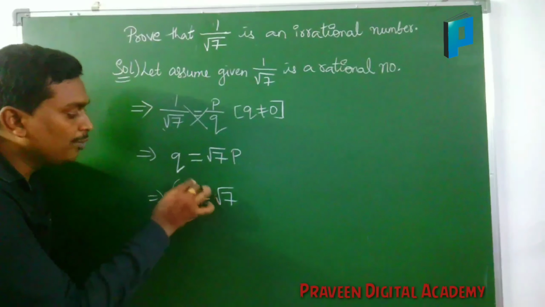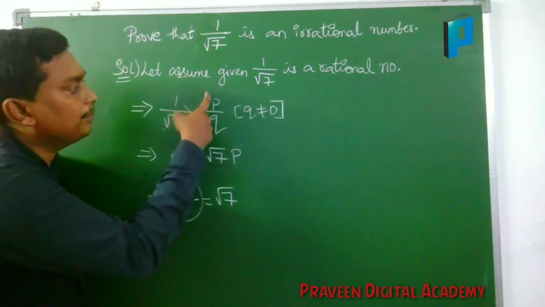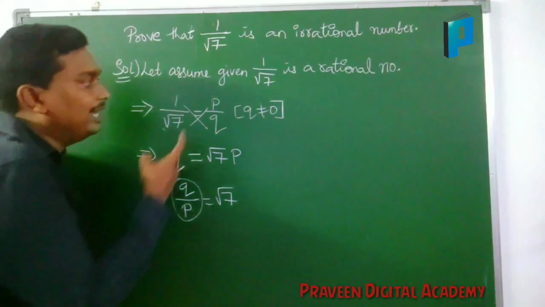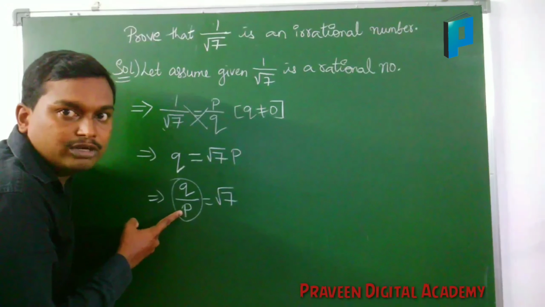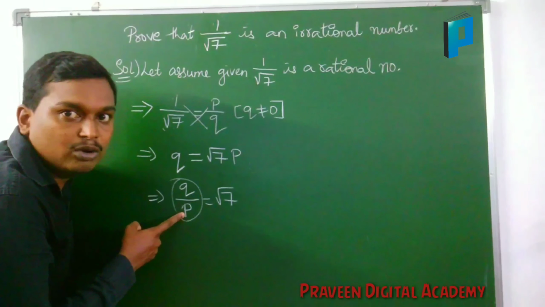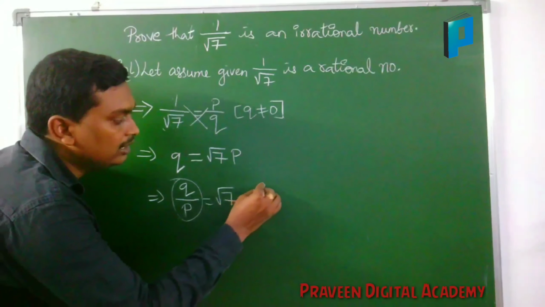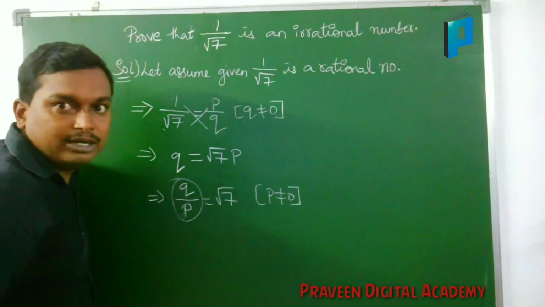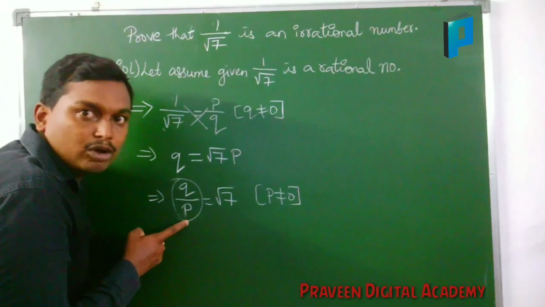Now you observe this q by p. This q by p is a rational number. Look here, p by q is there. Here q is not equal to 0, but p also can never be equal to 0. Why? Because if p is 0, then something by 0 will become undefined. So p is not equal to 0, since q by p has p in the denominator.